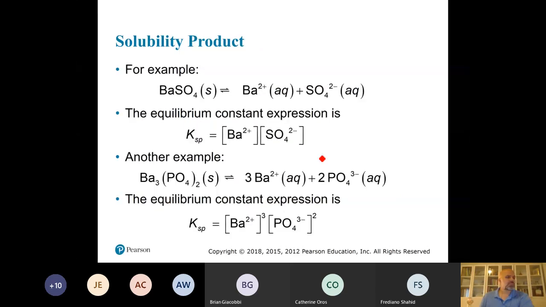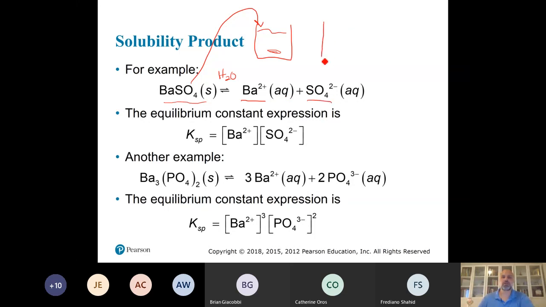So let's go through an example. If we have barium sulfate, and we're going to dissolve it, we're taking this and reacting it in water. So we have this beaker sitting here filled with water, and we throw the barium sulfate in. We have a little stirring rod, stirring away, and we end up with barium 2+ ions in solution and sulfate ions in solution.